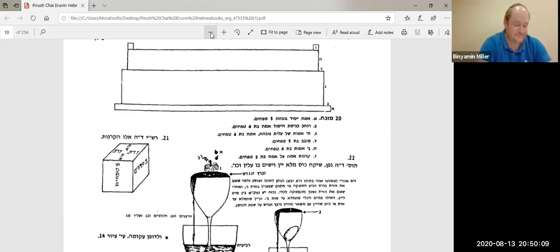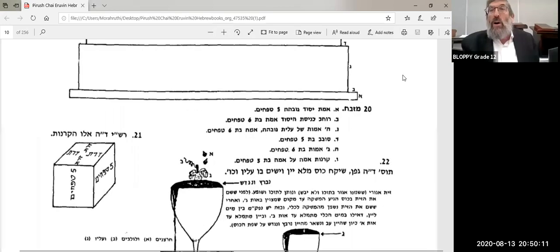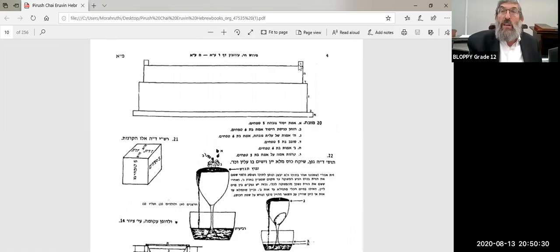Oh, yeah. Okay, great. Look, we're going to go up from the bottom. There is what's called the base. That's called the Yesod. We're going to go up to the Beis, Gimel, Dalet. Dalet is called the Sovev. We're going to go up to the Dalet. That's called the Sovev. We're going to continue up until the Keren.